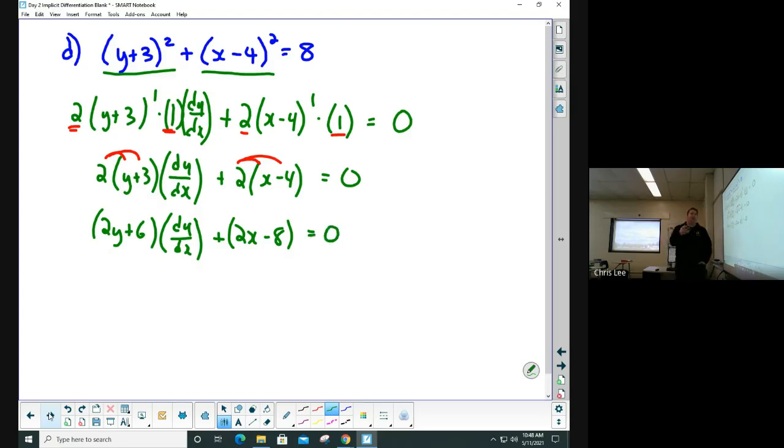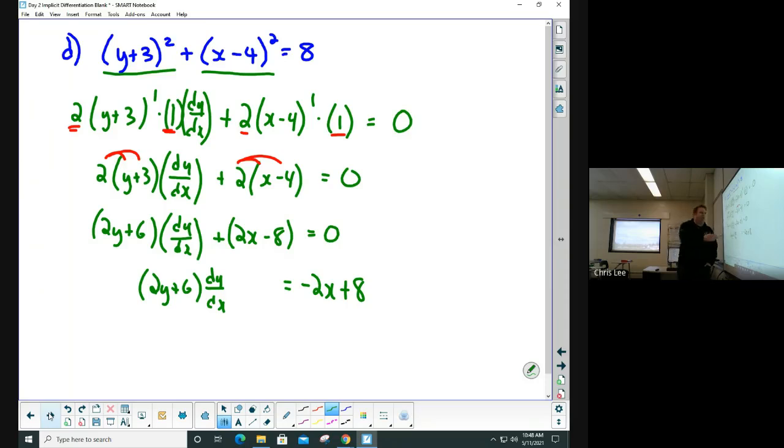So I tidied it up just to make my isolating a little bit easier. So the 2y plus 6 dy by dx is by itself. In order to keep it by itself, I need to move this to the other side. So I'm going to minus a 2x and add an 8. Okay, I'm subtracting both of these things from both sides. So I'm subtracting the negative, and I have to add the 8 to move it.